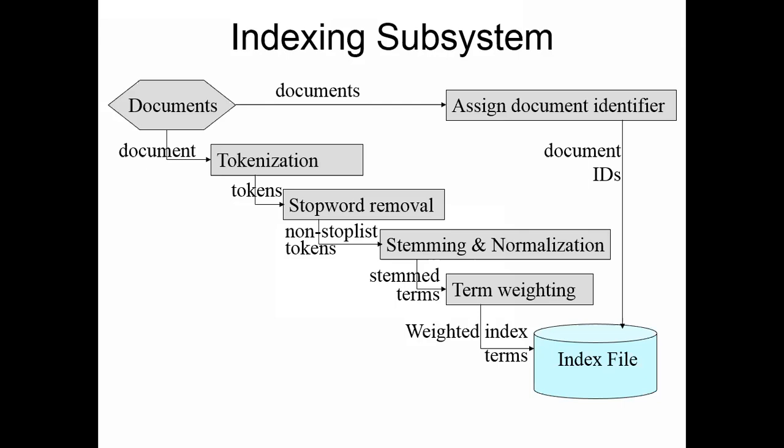We are weighting terms or words from different perspectives. For that, we have term frequency, document frequency, and collection frequency. Term frequency means calculating the frequency of the term or word in a given document: how many times a given word appears in a given document.